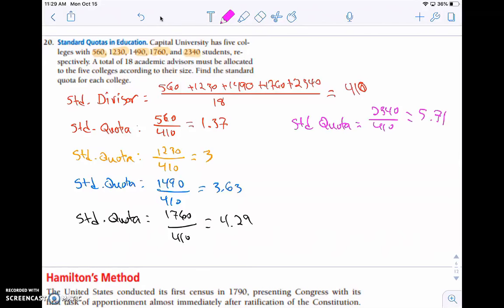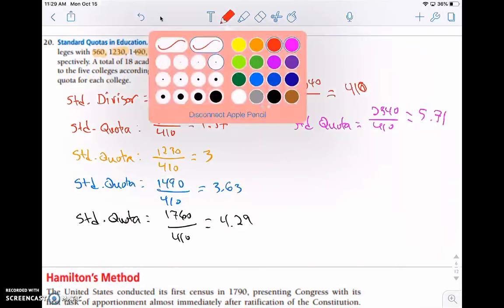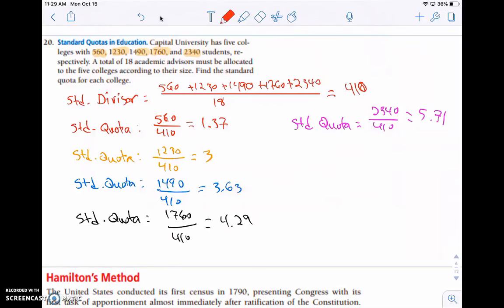So those are all the standard quotas for the different colleges at this university. So it could be like a college of science, a college of humanities, a college of arts, and so forth. And then, with these decimals here, though, we'd have to find out who gets more. So who gets rounded up, who gets rounded down, and so forth.